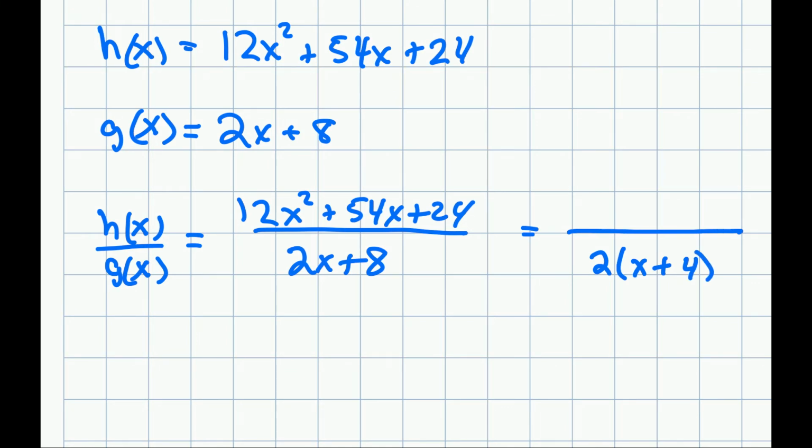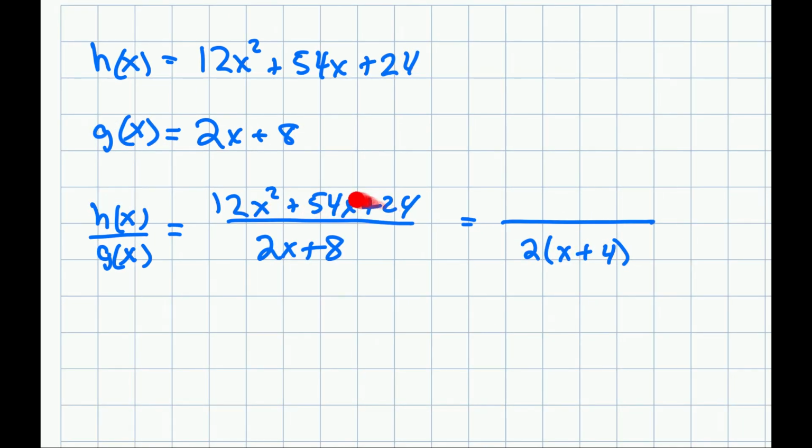On the top, look for numbers that go into all these. 54 is 9 times 6. Actually, 6 goes into all of these, right? 6 goes into 12, 6 goes into 54, 6 goes into 24. So you can take out a 6. Now, we're not going to get very far with this, but let's take out a 6, and you will be left with 2x squared, right? 6 times 2 is 12.